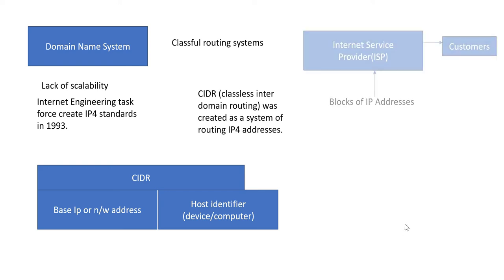For example, if you're in India, you have Airtel, Jio. If you're in the US, you have maybe T-Mobile, or some other company. These companies are getting blocks of IP addresses allocated to them. For example, if I have a Jio broadband service, Jio got a block of IP addresses, maybe 10 million or 100 million addresses.